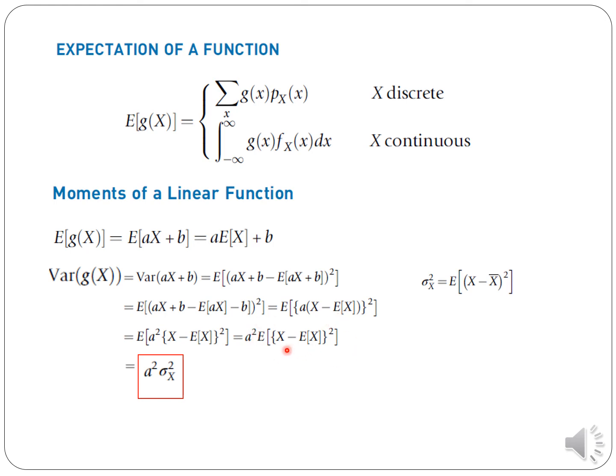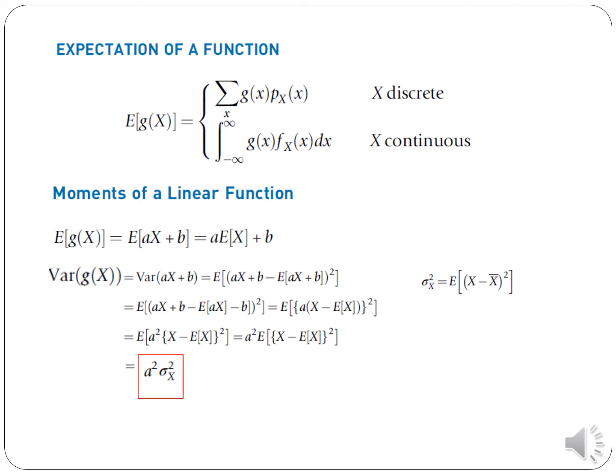And finally what we get here, x minus expectation of x, or x bar whole square, and this is nothing but sigma x square. So this is our derived expression for the variance of the function g(x), where g(x) is nothing but ax plus b. So what we are getting finally is just a square into sigma x square.